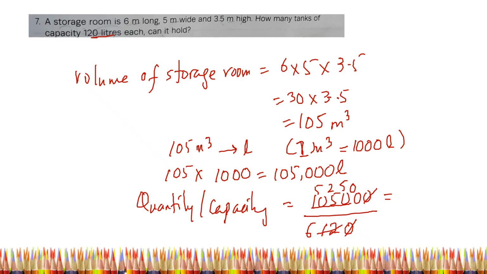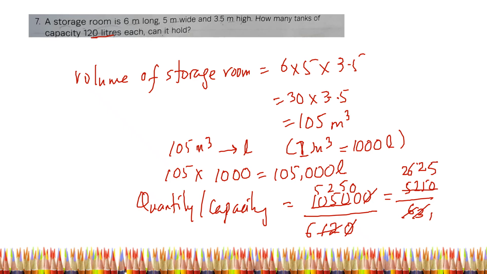You can cancel this with the table of 3. 5250 divided by 6: 2 3s are 6, 2 is 4, 5, 2 6s are 12, 2 is 4, 2 5s are 10.